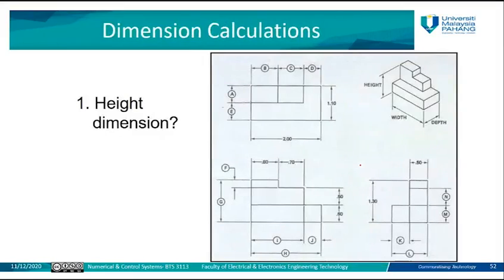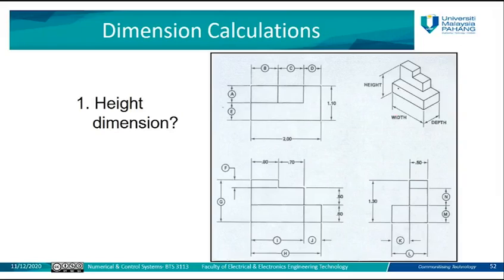Another calculation for the dimensions here, for example: what is the height dimension, what is the width, what is the length, and so on. You can see here from the isometric view what is the depth, what is the width, what is the height. These will be the dimensions. So from the front view, for example, you are going to find the width here. You may find the width from the front view.